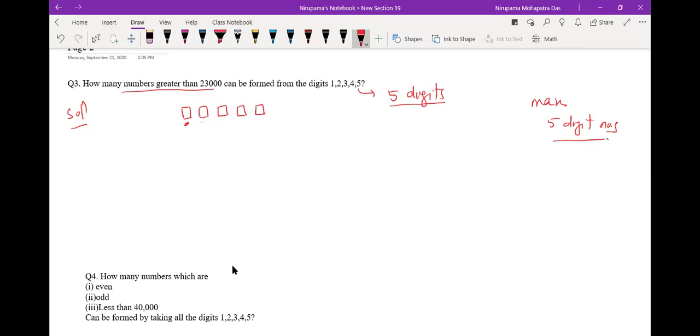So 23,000. Of course, if the question does not say without repetition or with repetition, by default we will consider it without repetition. It means if you keep 2 in the first place from the left, you cannot have 2 again.